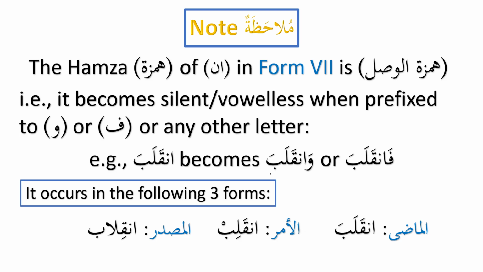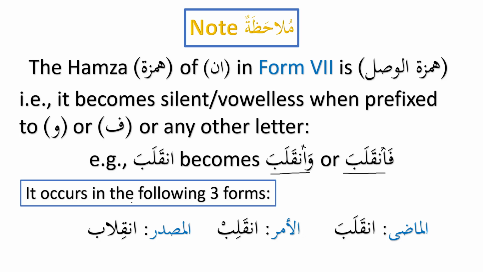Wanqalaba and fanqalaba. So the pronunciation of hamzatul wasl is dropped, and that's why we call it hamzatul wasl. It is used to connect, and when it is connected with something else, it is not pronounced.